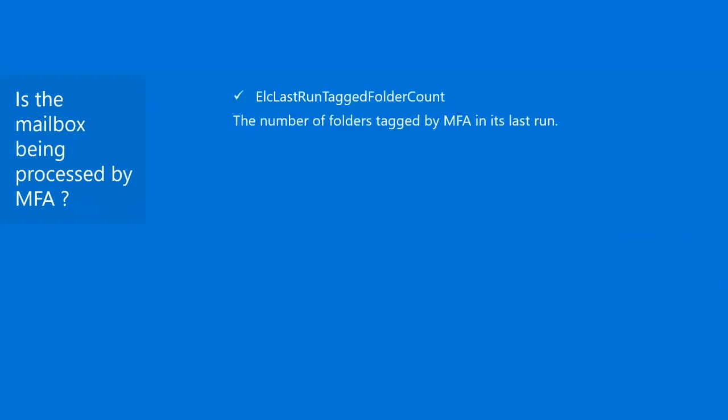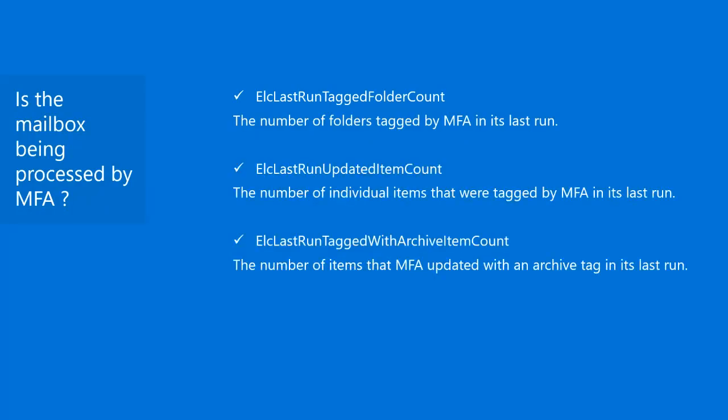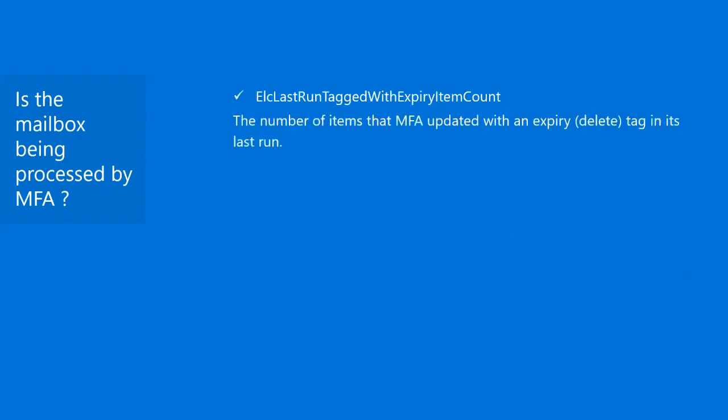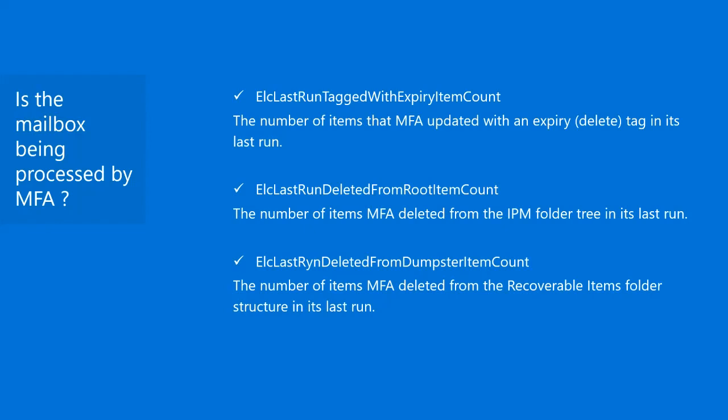Again, as I said, this is just a brief of what these attributes are, which will give you an idea of what you need to be looking into when you're troubleshooting cases where MFA or MRM is not processing the mailbox the way you expect. Just moving on with these attributes, I'll pause here so you can look into this.